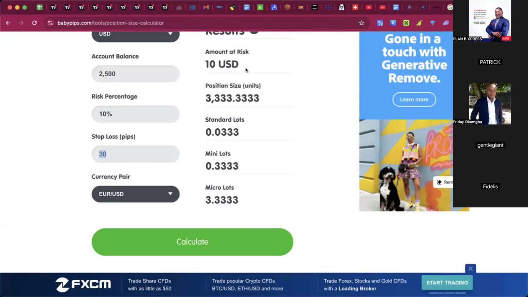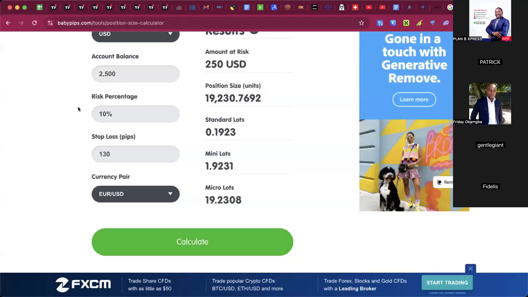How much is your daily drawdown? 2,500, because you are trading with a $50,000 account. So how much is your exposure? 10%. So 130 pips is your stop loss. Now you calculate.